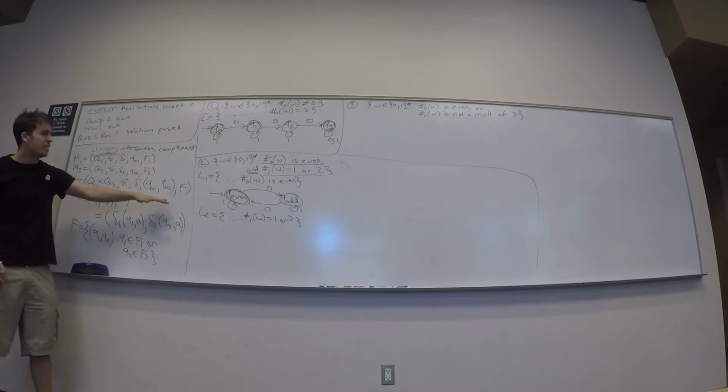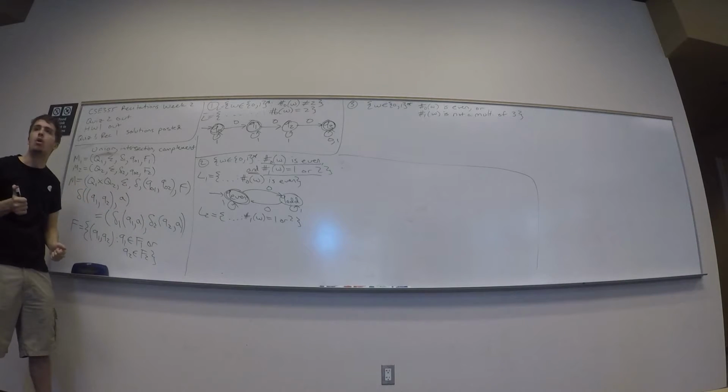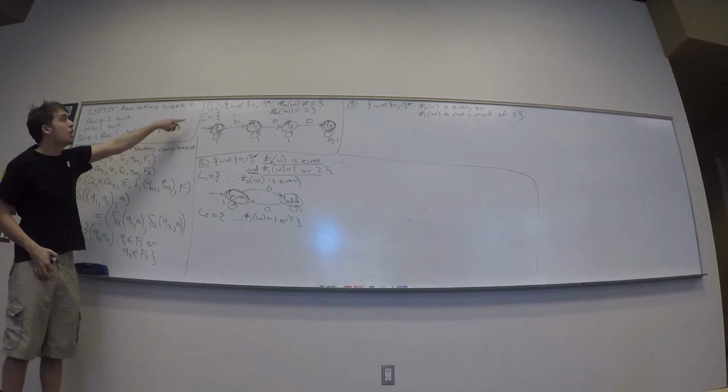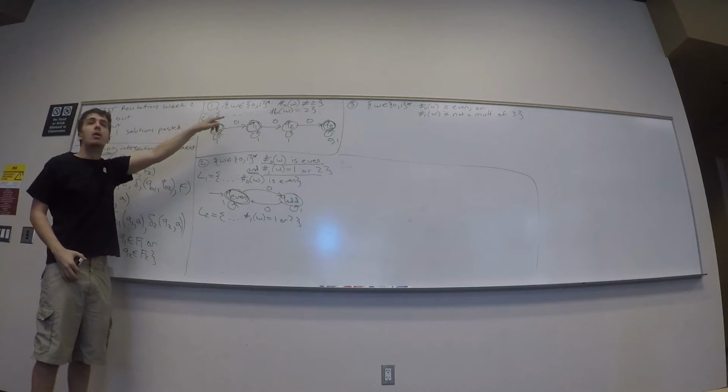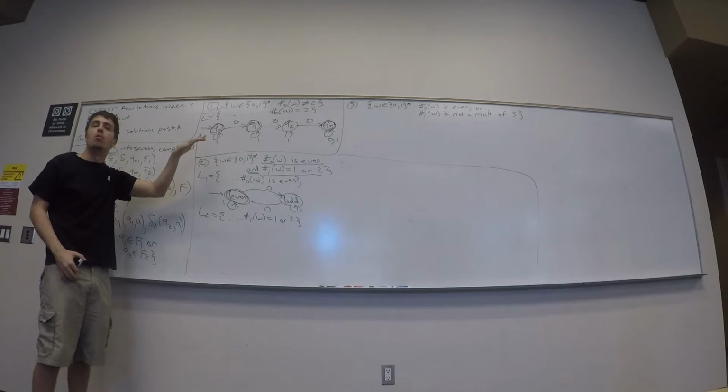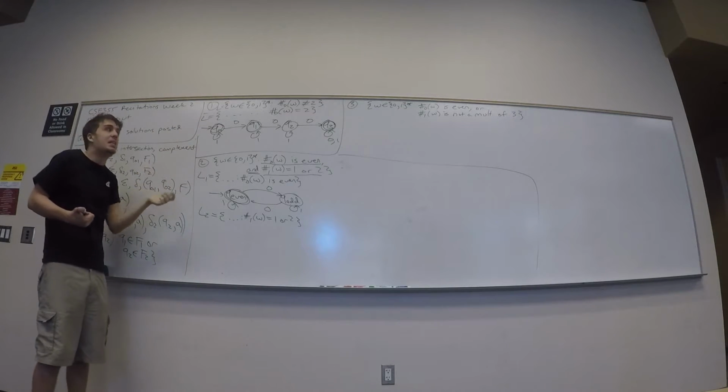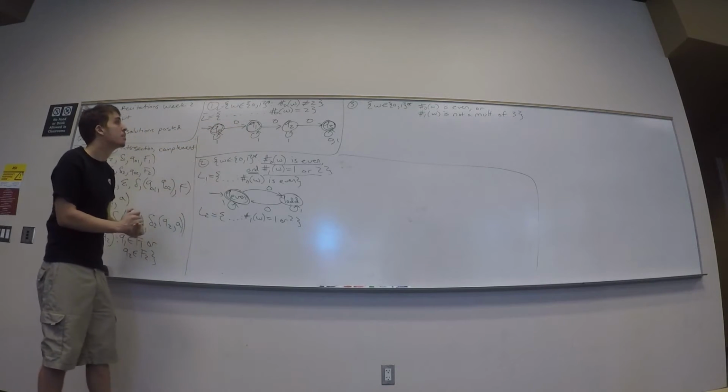Wait, this sounds a little familiar. Have we seen something similar to this, like checking whether it's exactly 1 or 2? Yeah, we actually saw it up here when we made the one for exactly 2, or not equal to 2. It sounds very similar to this.